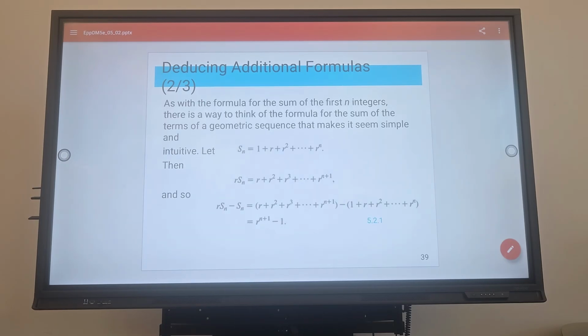And then you can subtract S sub n from that, and you get r to the n plus 1 minus 1.